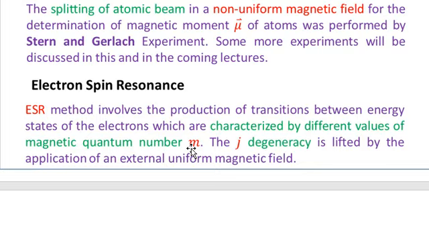So you see that in the presence of the applied magnetic field, the J degeneracy is lifted. That is, the level J will split into Mj levels. This is called the lifting of J degeneracy, and this is only in the presence of the applied magnetic field. So the J degeneracy is lifted by the application of an external uniform magnetic field.